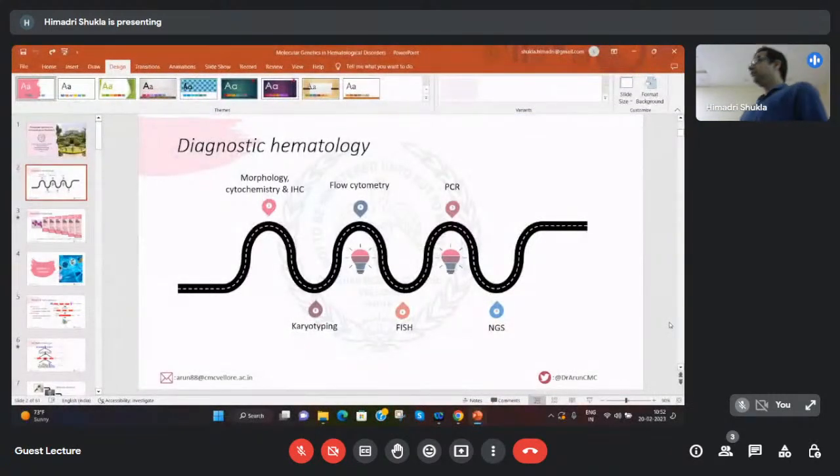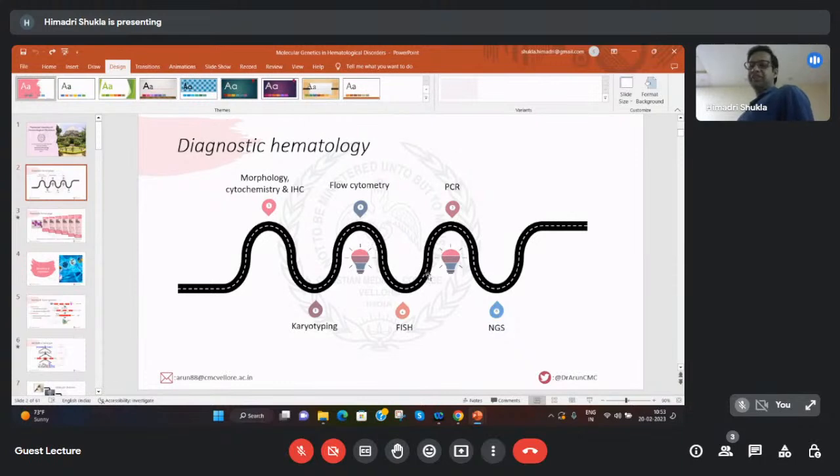So we have come a long way from the era of morphology, cytochemistry, and immunohistochemistry. Slowly, one by one, all the techniques came about. Starting with karyotyping, which helped us to classify hematological malignancies to some extent. A major breakthrough was flow cytometry, which really simplified the diagnosis of all hematological malignancies, at least the leukemia ones.